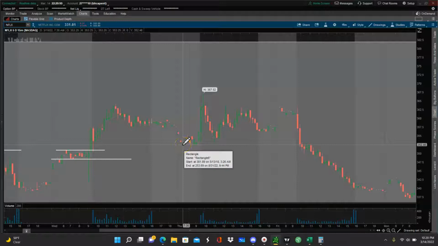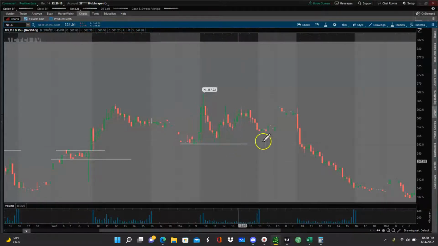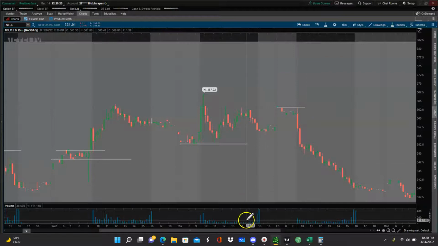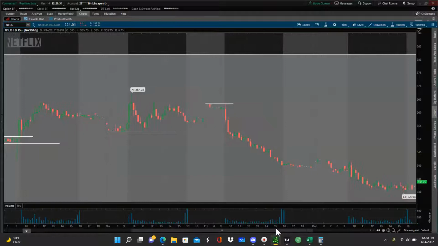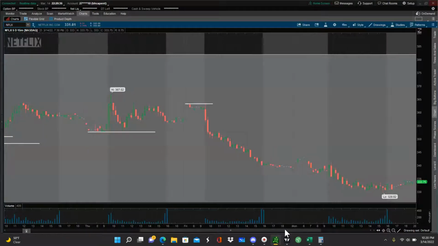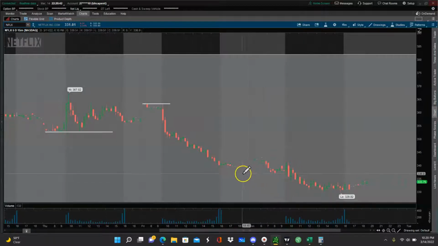We got pre-market support level right here. And then we got pre-market resistance up here for that next day. And then that final day, which was today, we got pre-market resistance right up in here in this area.